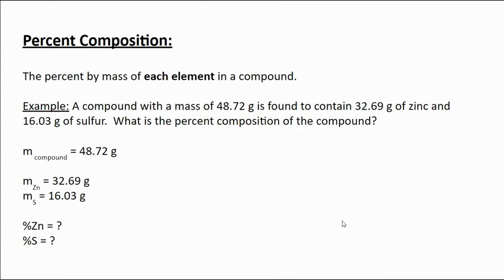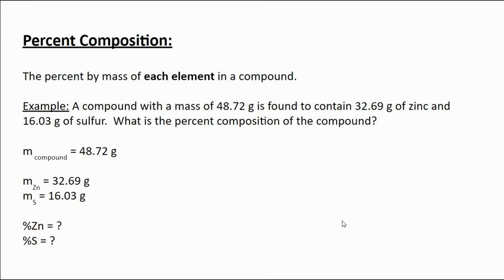Now the next permutation of this, or little add-on, is percent composition. What we're looking at here is if I were to examine a compound, I'm going to report the mass percent not just of one element, but all of the elements in the compound. So here's an example. You have a compound with a mass of 48.72 grams.